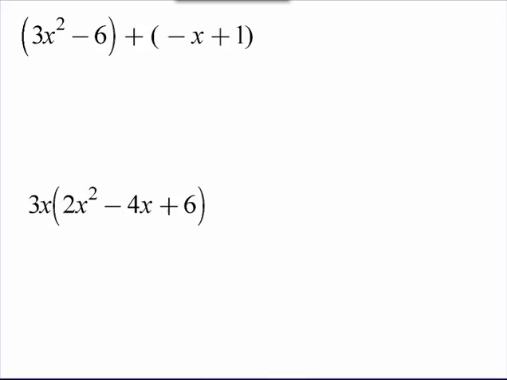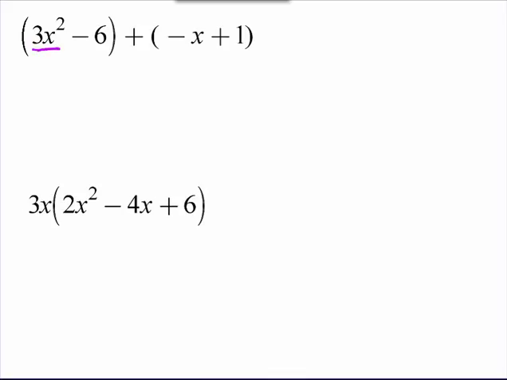Okay? Adding and subtracting. Now, we've got one last addition problem we need to look at. So now, how do I do this?